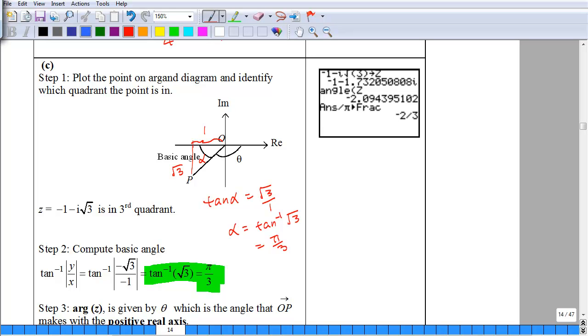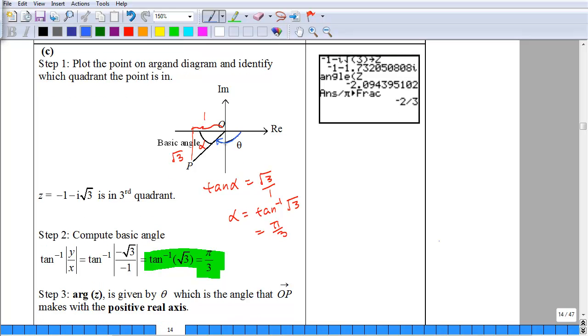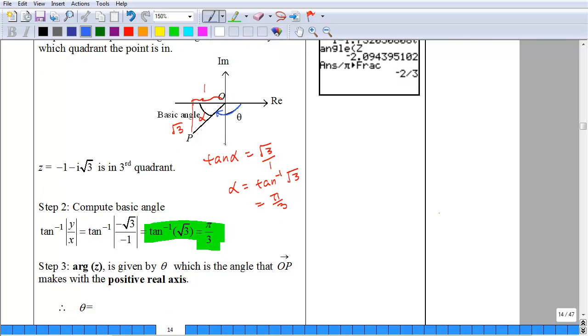Now next, for me to calculate the argument, I know that I have to start measuring from the positive real axis until I reach the line that marks the complex number. So it's this angle here. From the diagram, I know that the argument will be a negative angle because it is measured downwards.